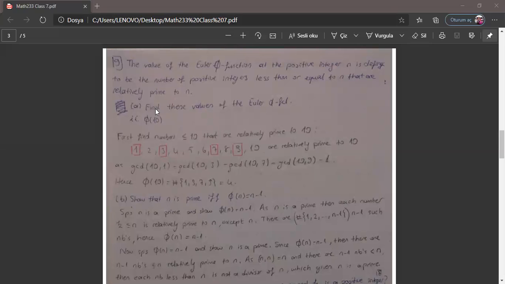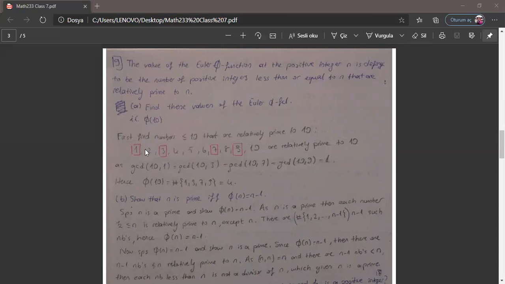Now, for a basic example, we find the value of phi at 10. What are the numbers that are less than 10? Here we have these numbers, including 10.